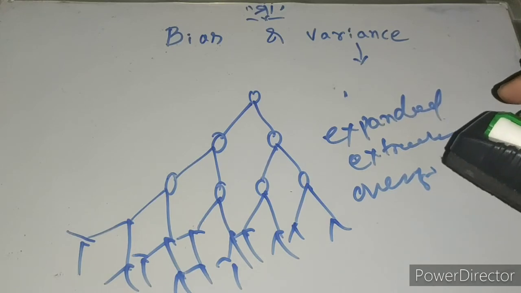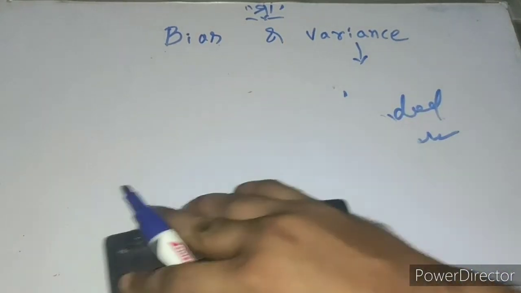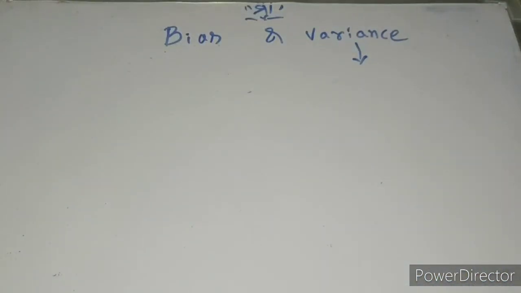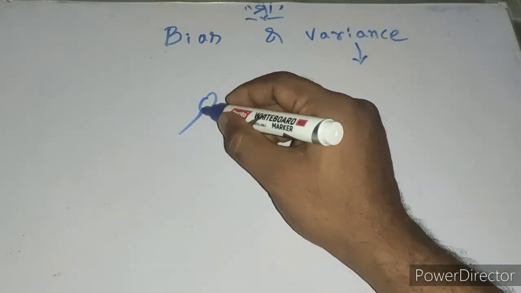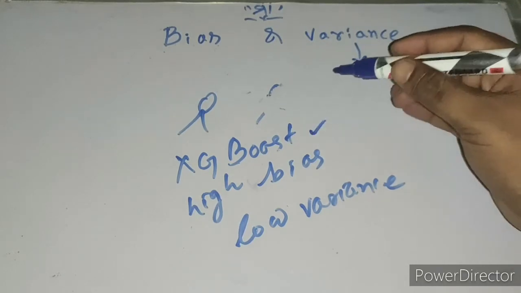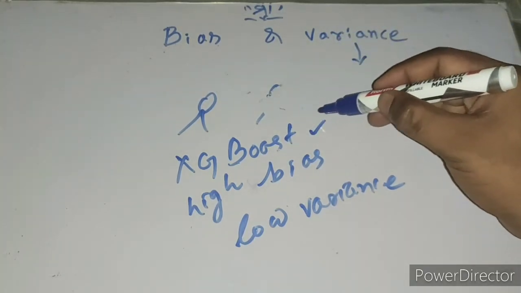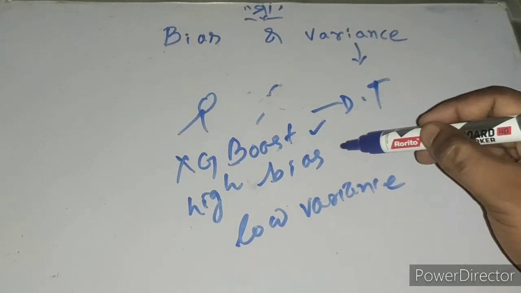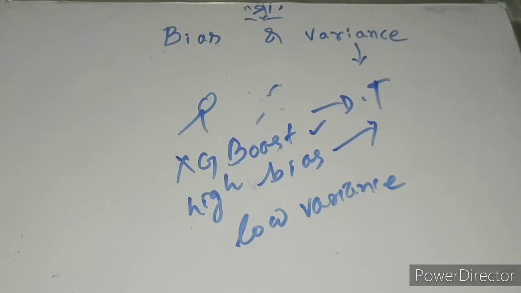At the same time, there is one more algorithm which is known as the XGBoost algorithm. This is also one of the algorithms from the ensemble methods. The XGBoost algorithm consists of multiple decision trees. So various decision trees are kept in the XGBoost algorithm. That's why when we find the output in training, it doesn't seem good.